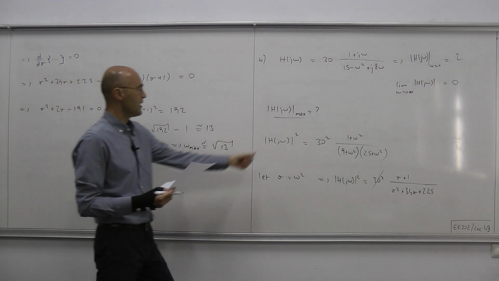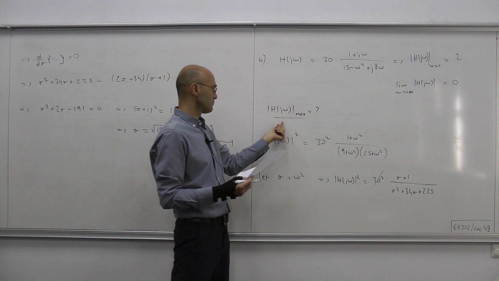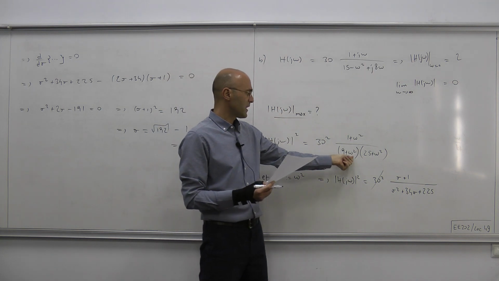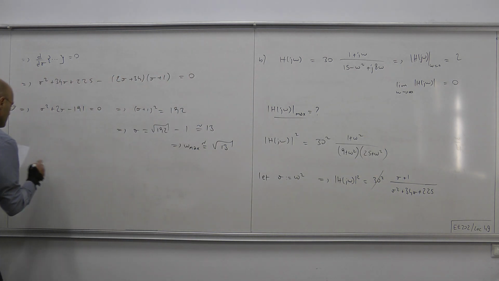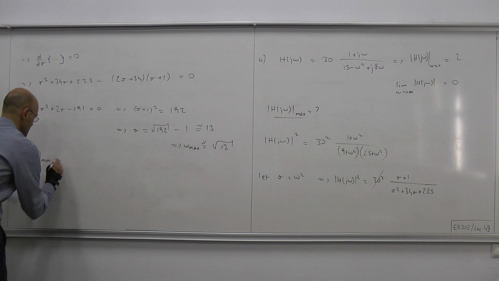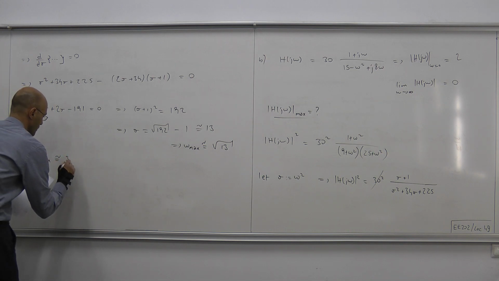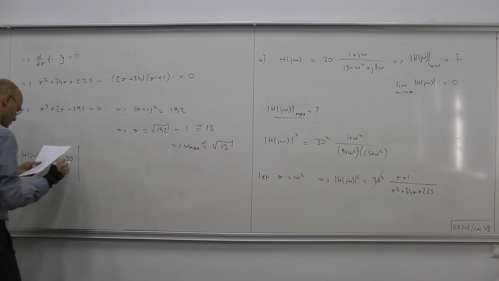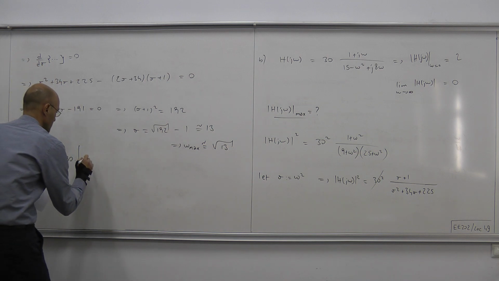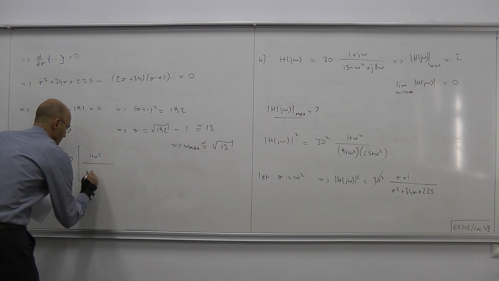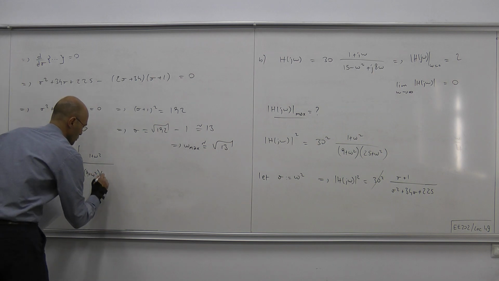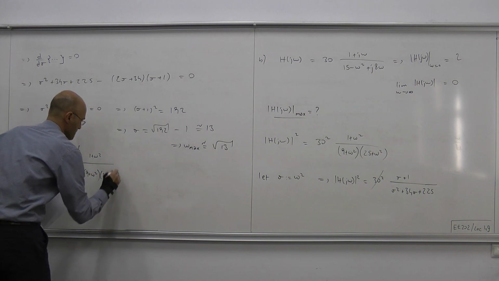Now let's also figure out |H(jω max)|, which is: take this thing, plug in ω squared equals 13, and then take the square root of everything. So |H(jω)| max approximately equals 30 times the square root of (1 plus ω squared) over (9 plus ω squared) times (25 plus ω squared).